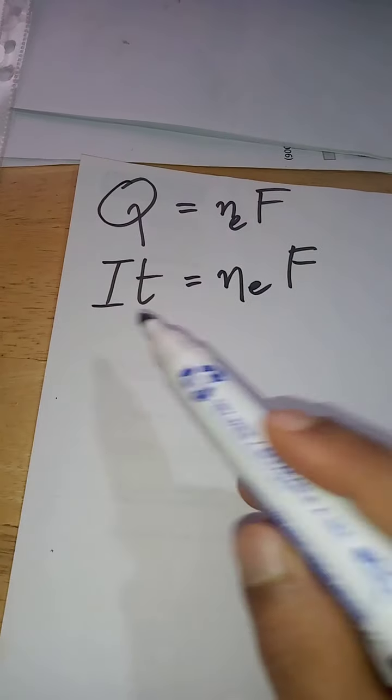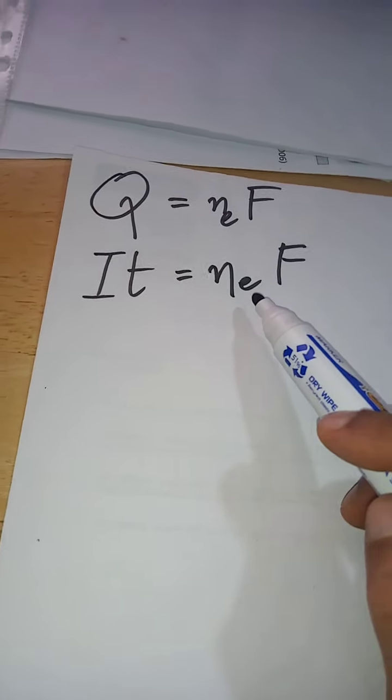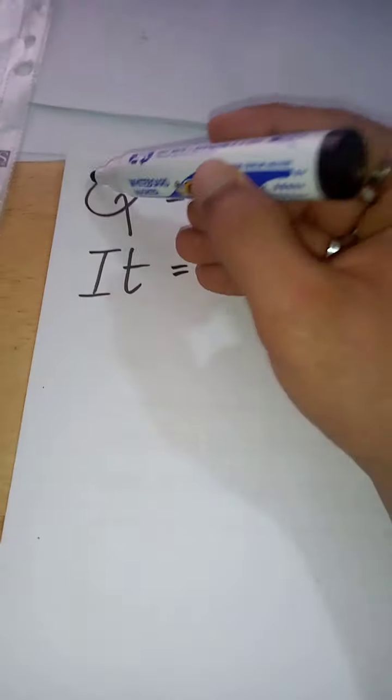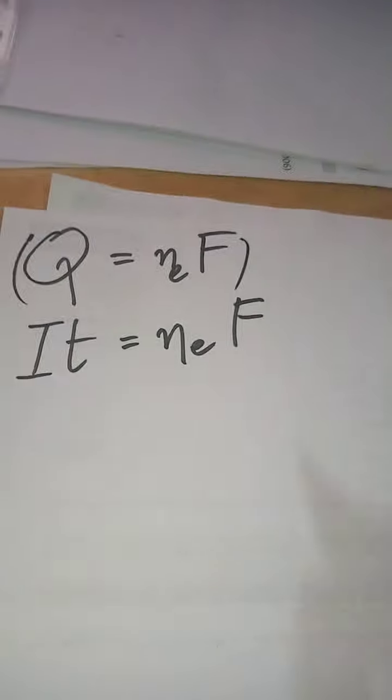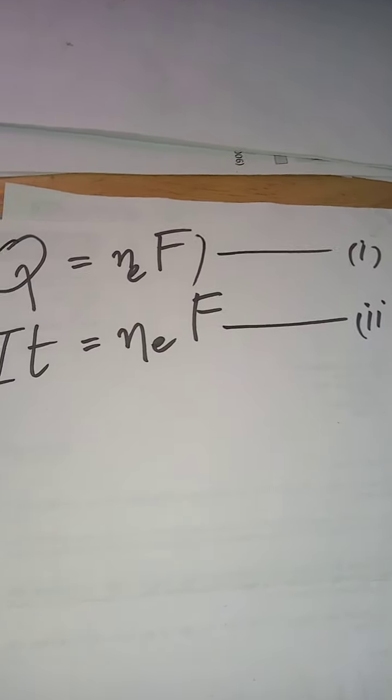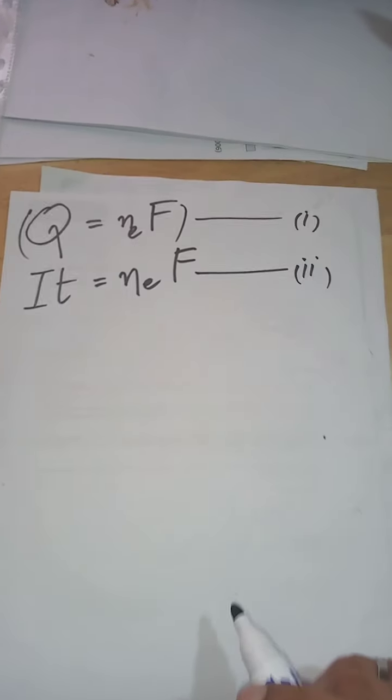We can use that, and we will in future. When we've got the current and the time and we know the Faraday constant, but we don't know how many moles were passed, we will be using this. But for now, we'll stick to the top one.